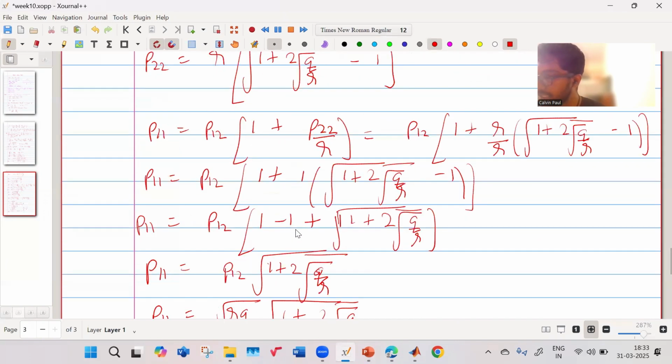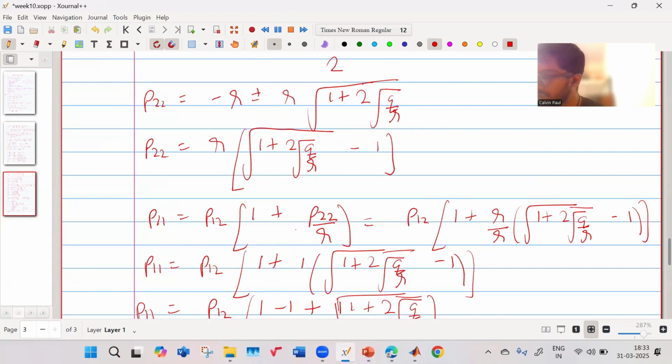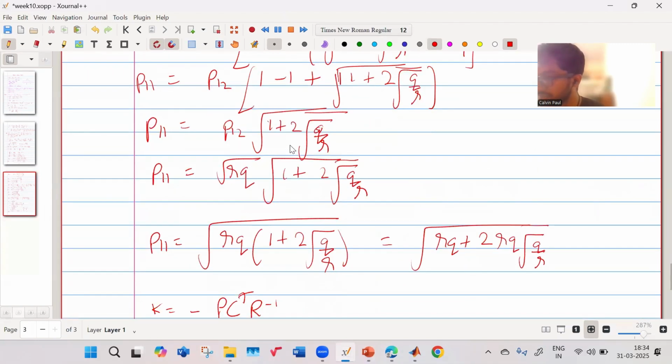P22, on the other hand, is R into square root of 1 plus 2 square root of Q upon R, minus 1.